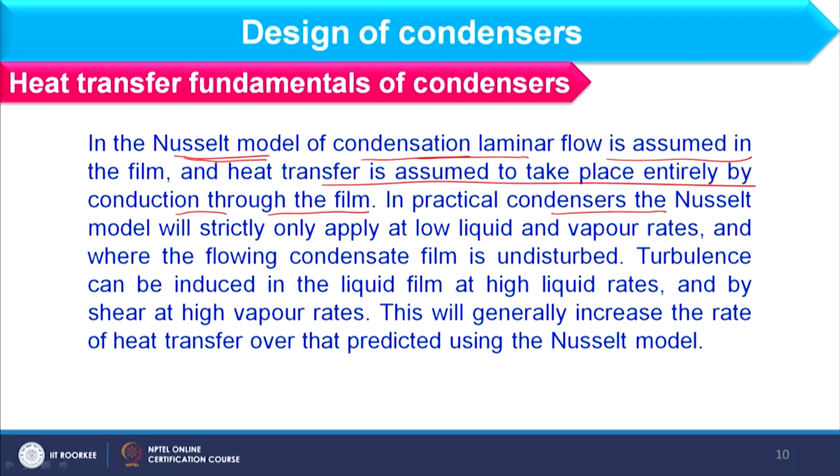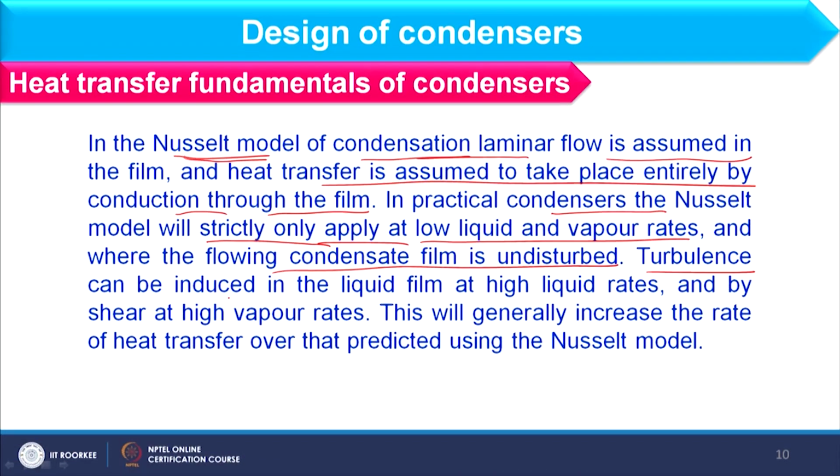Okay. So, in practical condensers, the Nusselt model will strictly only apply at low liquid and vapor rates and where the flowing condensate film is undisturbed. So, we have to consider laminar flow, and we have to consider the conduction mode of heat transfer.